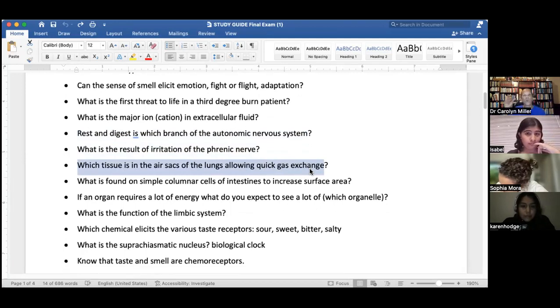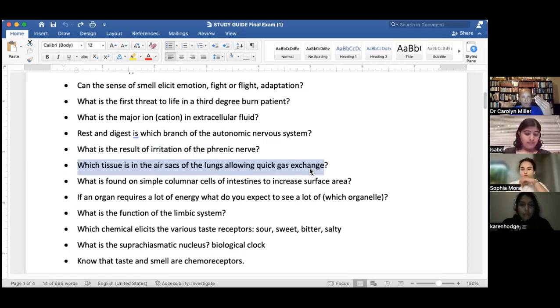Which tissue is in the air sacs of the lungs allowing quick gas exchange? And we said it is one layer and flat, so that would be simple squamous. Quick gas exchange, CO2 leaves, oxygen comes in. We talked about the kidneys having simple cuboidal, one layer, but a little taller. So simple cuboidal. Just a little bit more time to filter the waste and retain the items that we need to recirculate in the body.